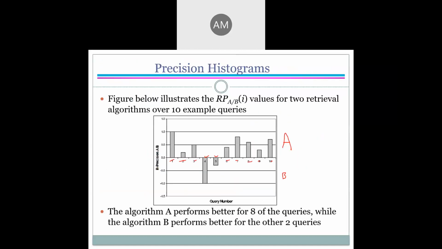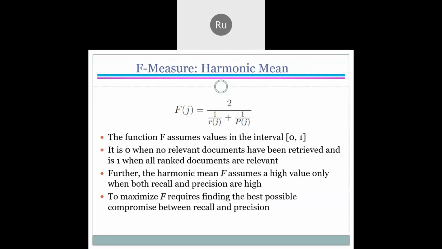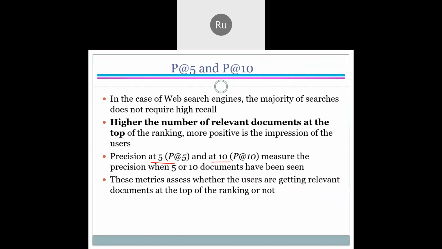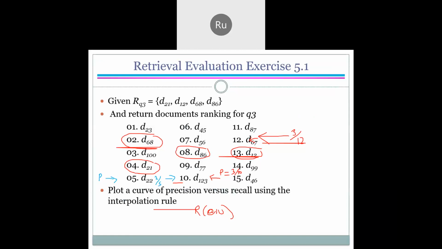Okay. And they also ask, what is the MAP for query number 3? What is the MAP?